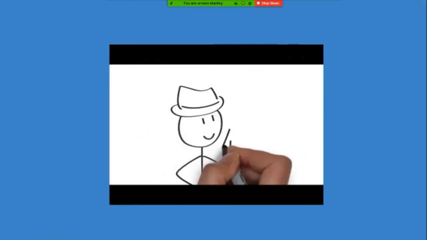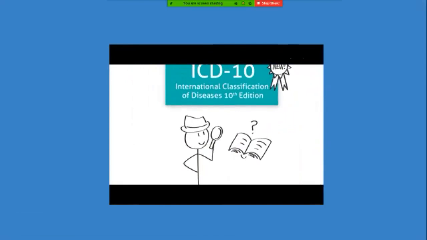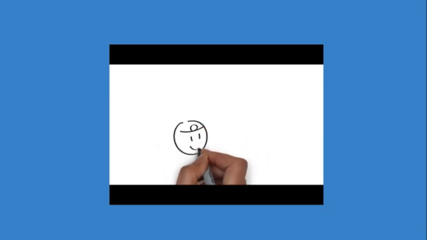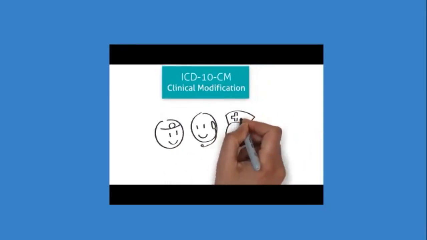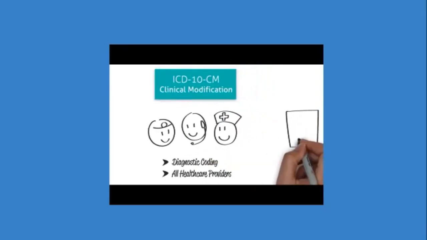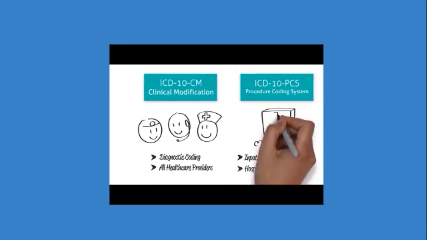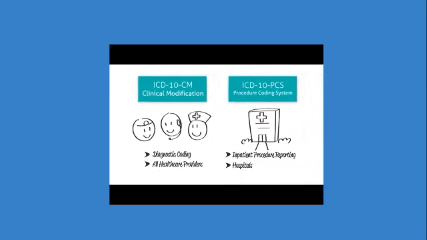So, what is ICD-10? ICD-10 stands for International Classification of Diseases 10th edition. It's the new and improved updated version of ICD-9. Now, ICD-10 is split into two systems. ICD-10-CM, clinical modification for diagnostic coding used by all healthcare providers, and ICD-10-PCS, procedure coding system for inpatient procedure reporting used by hospitals.